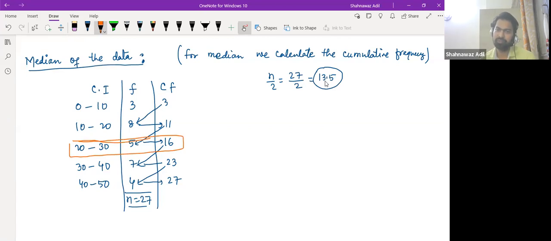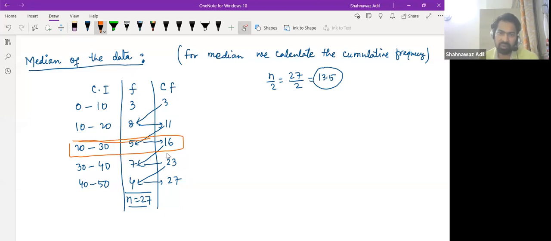Understood? But 16 is greater than 13.5, so why can it not be 11? Because these are the cumulative frequencies which we have to compare, 11 and 16. So which one is greater? Suppose we have 20, so we'll take 23 over there. Yes, absolutely correct.